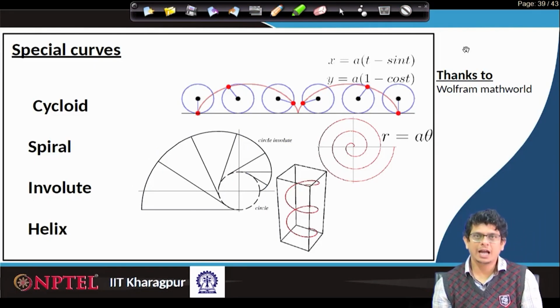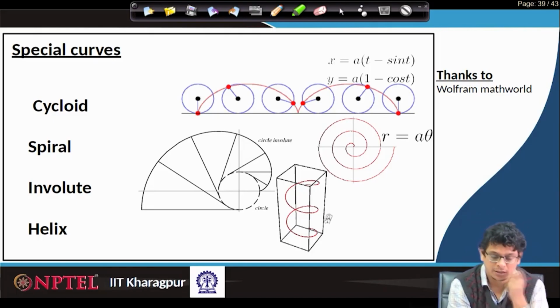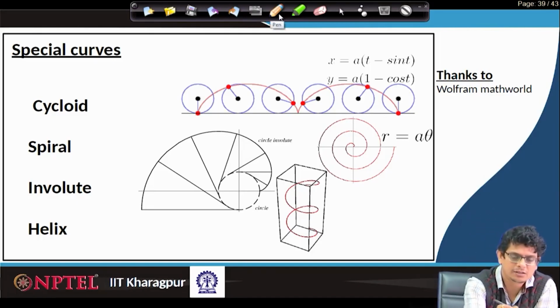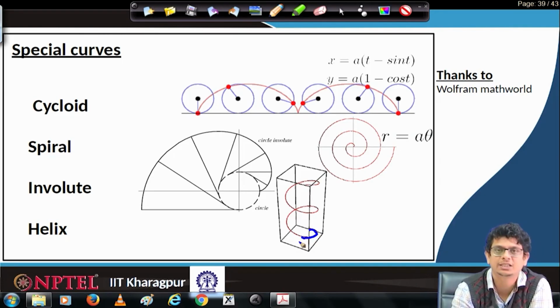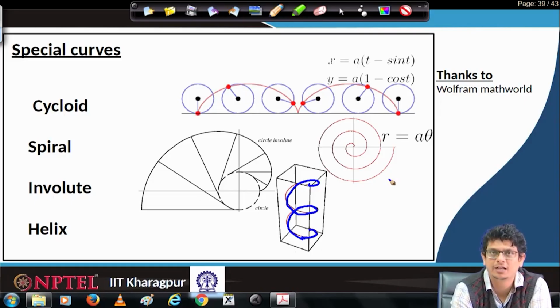The other one is the helix. For example, here is a point which goes in a circular fashion but also has axial motion, so that it rises in the upward direction. Typically, small air bubbles in Coke bottles or in water beakers, when they are rising, make this kind of spiral.